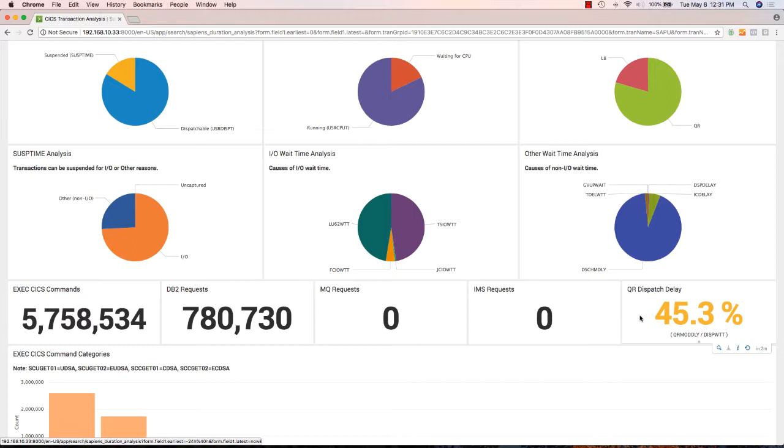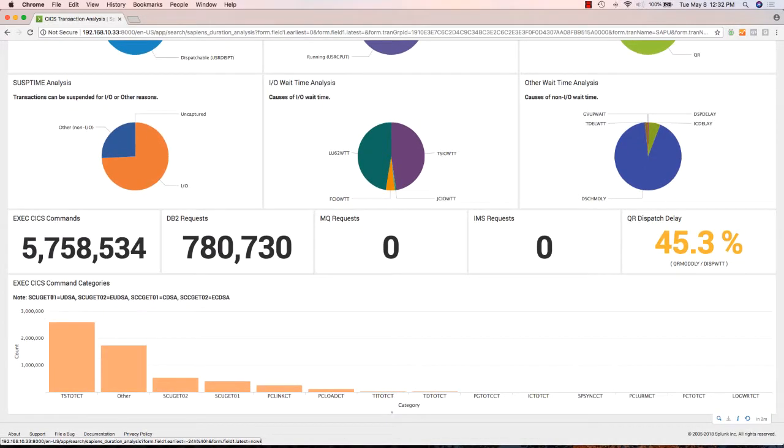They have so many transactions competing for a single thread of execution that this transaction spent a large part of its wait just waiting in line for its turn to run a few instructions on the QRTCB.